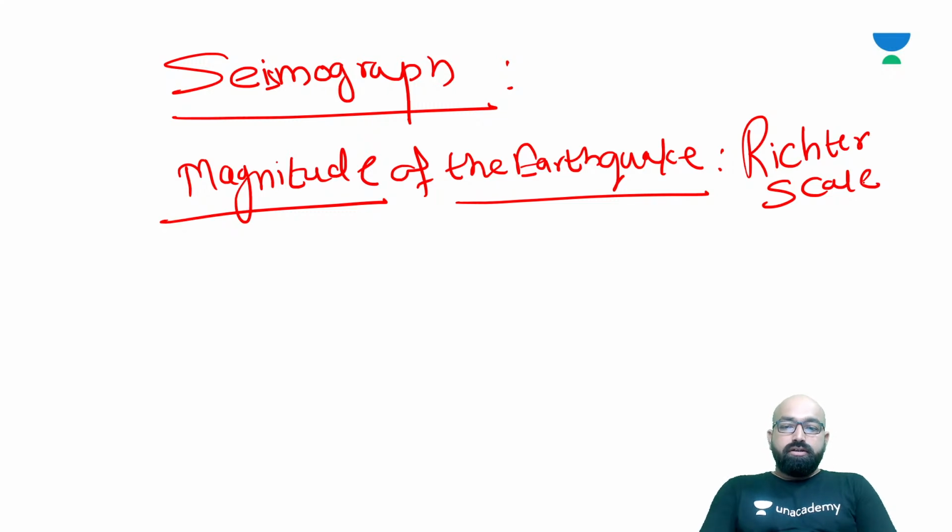So the earthquake is measured with the machine called seismograph, and the scale is Richter scale.